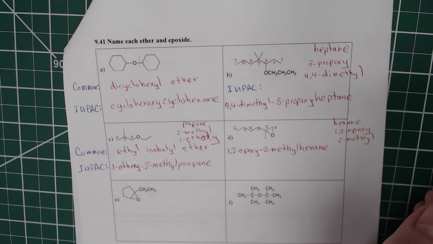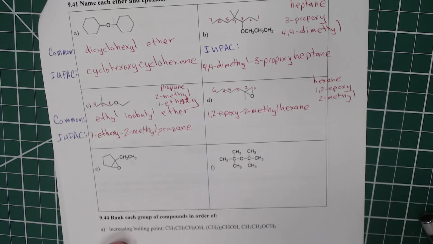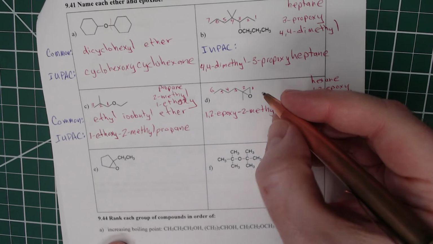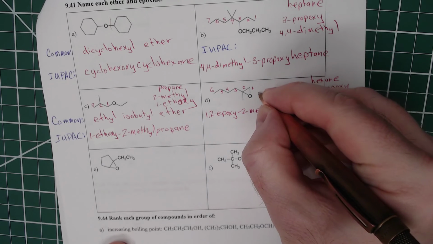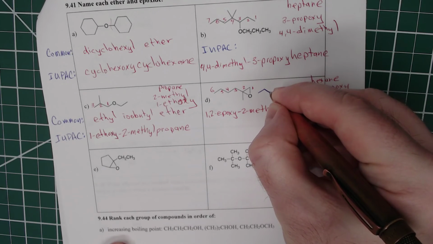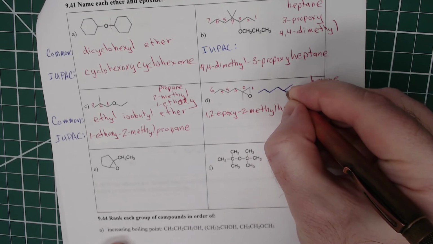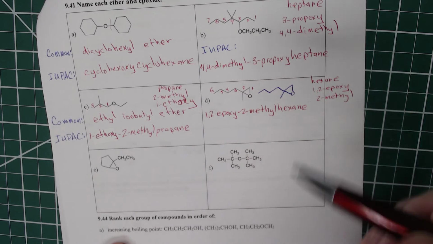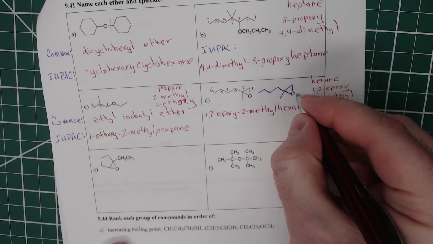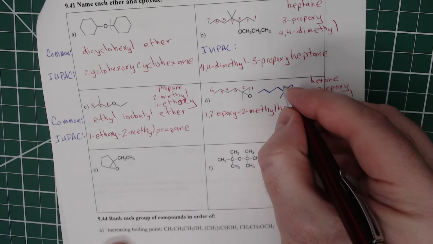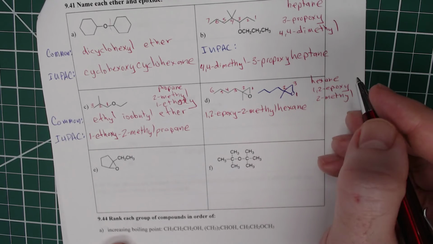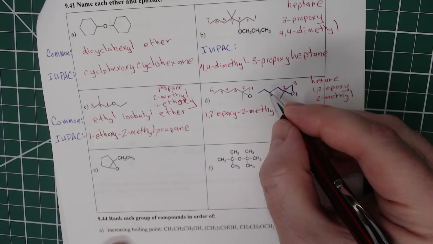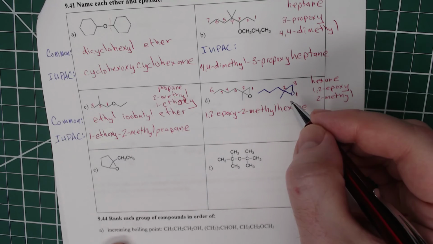All right, so let's look at how we would name it if it were an oxirane. And I'm going to redraw it, 1, 2, 3, 4, 5, 6, because we number things differently when it's an oxirane. So we've got 1, 2, 3. On position 2, we've got a butyl and a methyl.